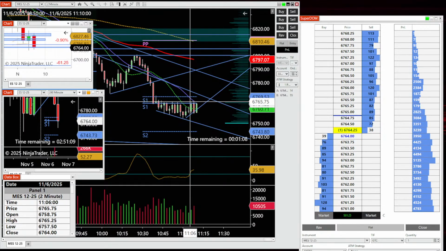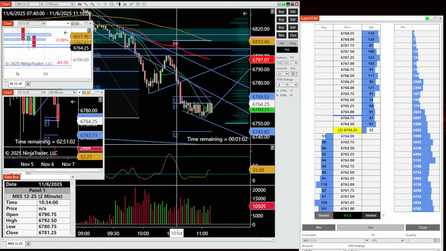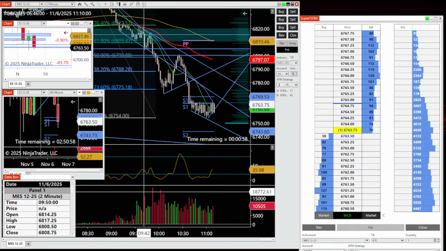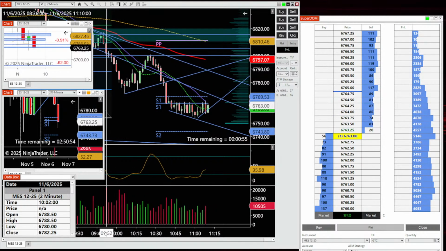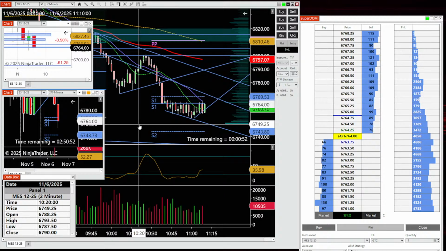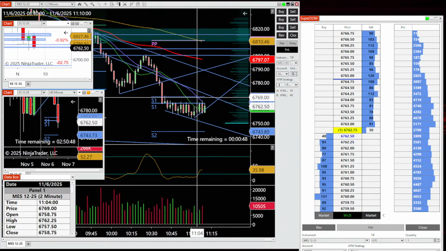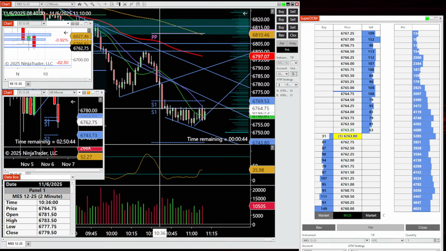And if we break out of like 65, let's say a 10-point move, 65 to 75, which coincides with the Fibonacci 23.6. Doesn't mean it's gonna happen.